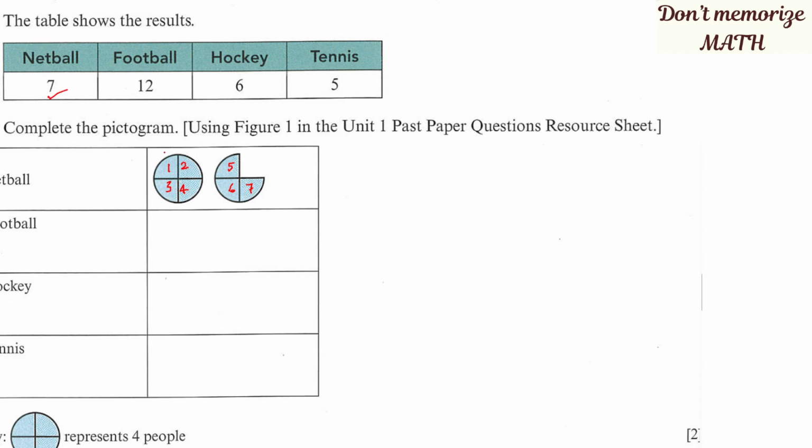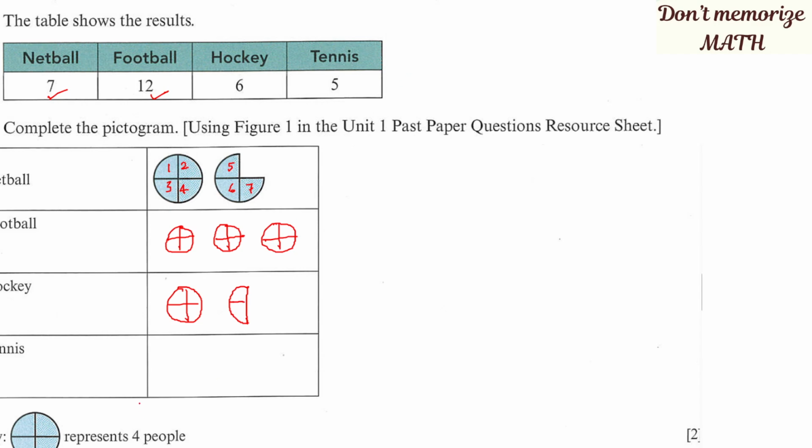Now football. One circle is 4, so 4, 5, 6, 7, 8, 9, 10, 11, 12. How many partitions are there? 12. So football is done. Then hockey. One circle is 4, but we need only 6, so just draw a half circle and divide like this: 1, 2, 3, 4, 5 and 6.